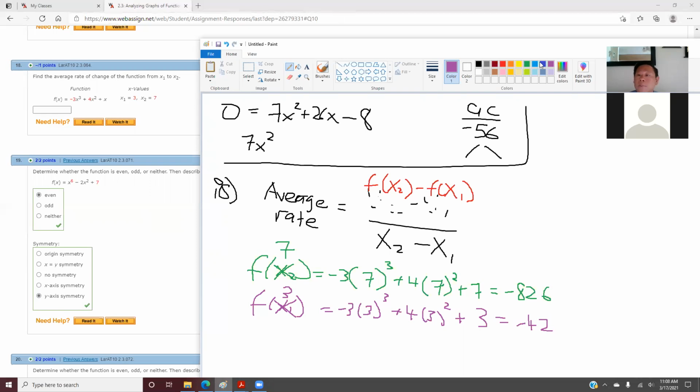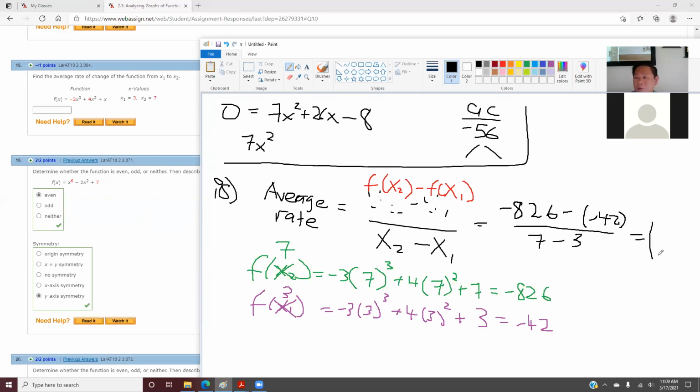Now you plug everything back into this formula. f of x2 is negative 826, minus f of x1, which is negative 42, over x2, which in this case is 7, minus x1, which is 3.